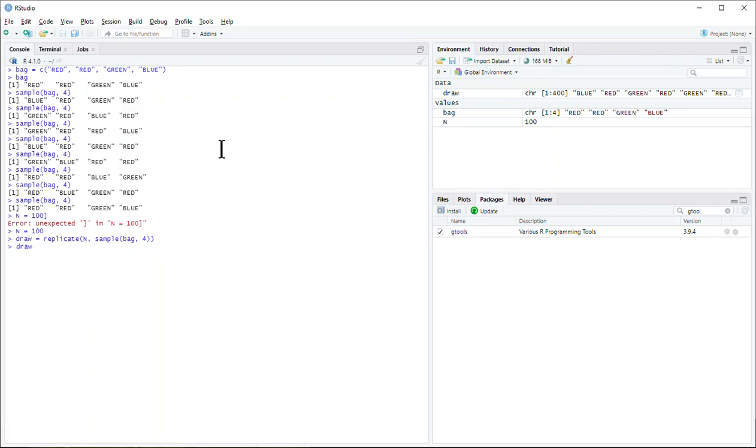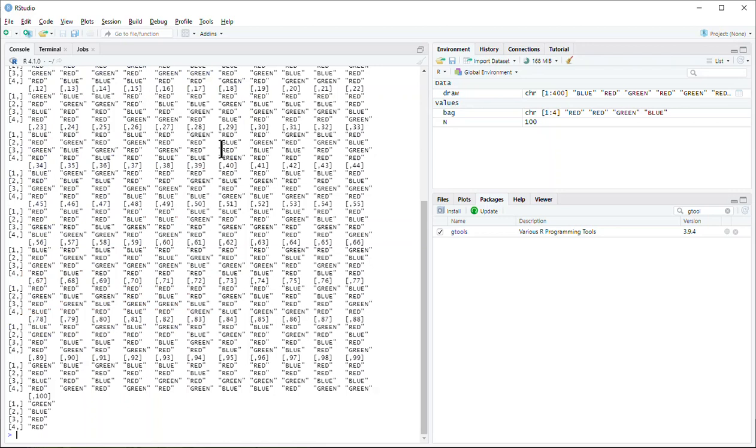If I just look at draw, I get this big, long, very ugly looking result that doesn't make a lot of sense. Our textbook suggests that we look at this data in a much cleaner way.